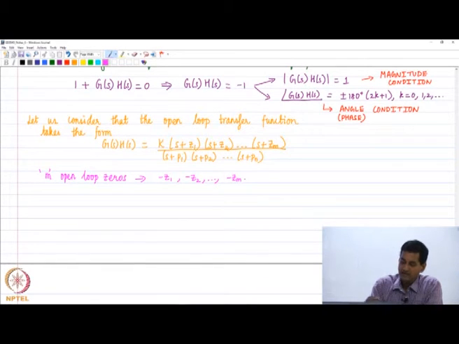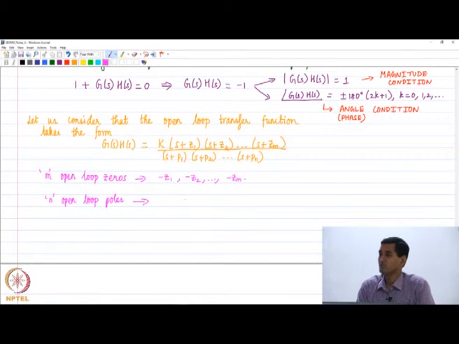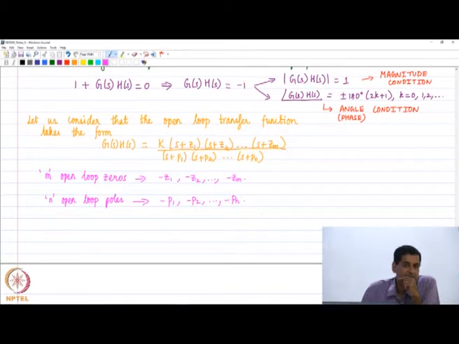And there are n open loop poles. I am sure all of us remember what is meant by open loop zeros and open loop poles. Open loop zeros are the zeros of the open loop transfer function, open loop poles are the poles of the open loop transfer function. So what are the n open loop poles? They are essentially minus p1, minus p2 all the way till minus pn.